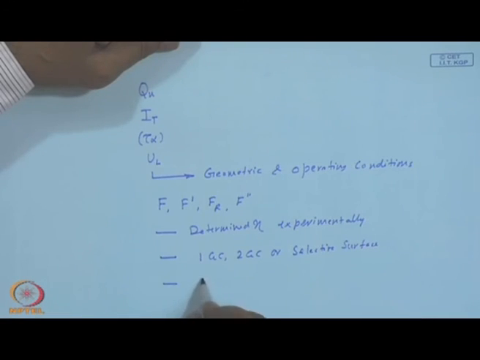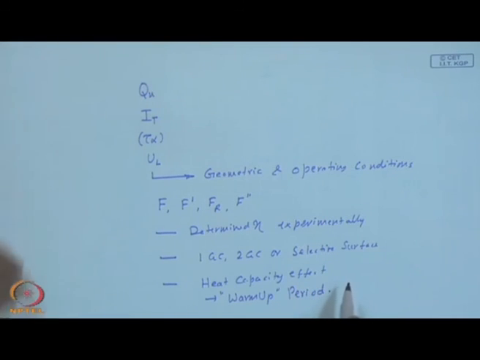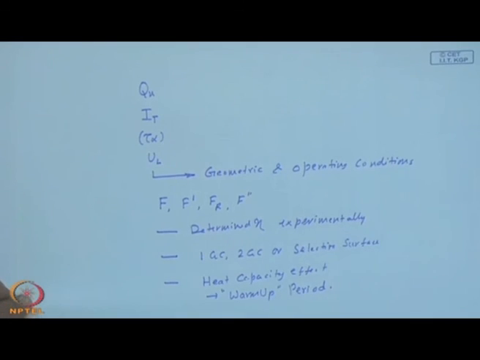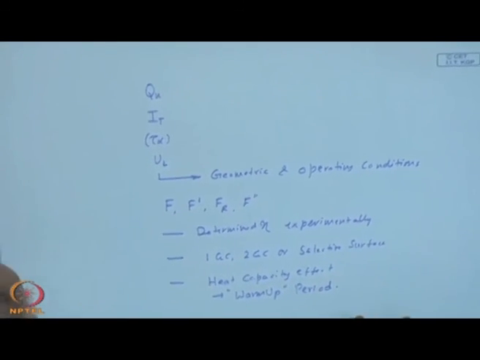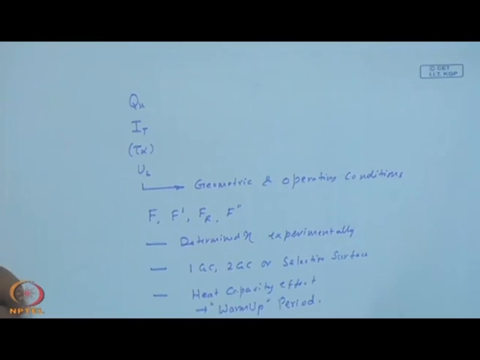Also, we included heat capacity effect, which is mainly needed for warm up period. In other words, it will tell you the operating time. If you have got a massive solar collector, which will require a lot of energy to reach the temperature required to deliver the energy at the desired temperature, then it may operate for a very less time.